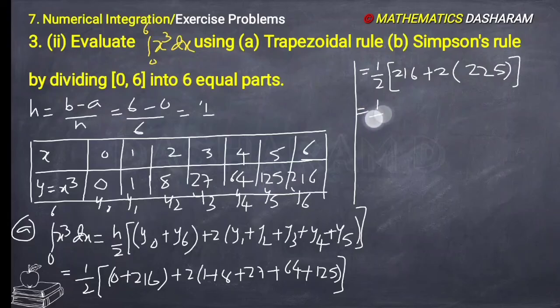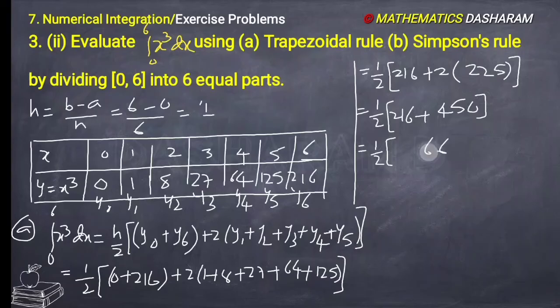So it is equal to 1 by 2 bracket of 216 plus 2 into 225, which is 450. So it is 1 by 2 bracket of 216 plus 450, which is 666. Then 2 ones are 2, 333. So our required answer is 333.